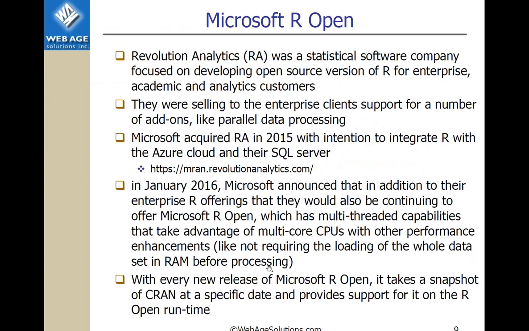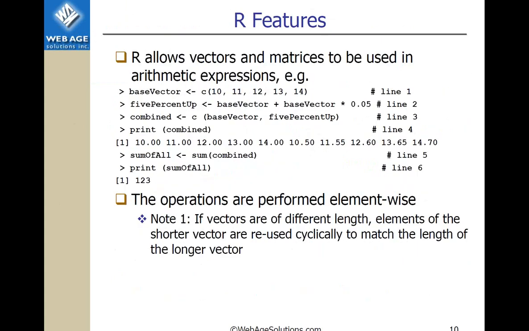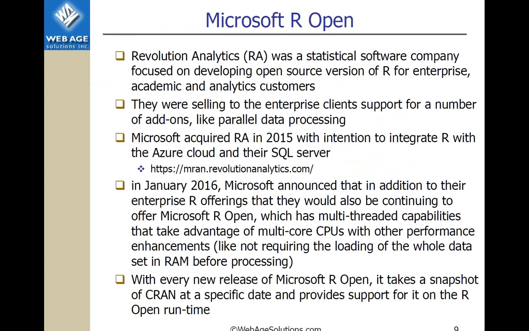But binaries are distributed separately. By the way, there is lots of criticism, particularly from the Python side, saying that there are lots of shortcomings that R has inherently in its design. One of the things is that it doesn't support multi-threading, and in order to start processing a large data set, it needs to load that data set in memory.